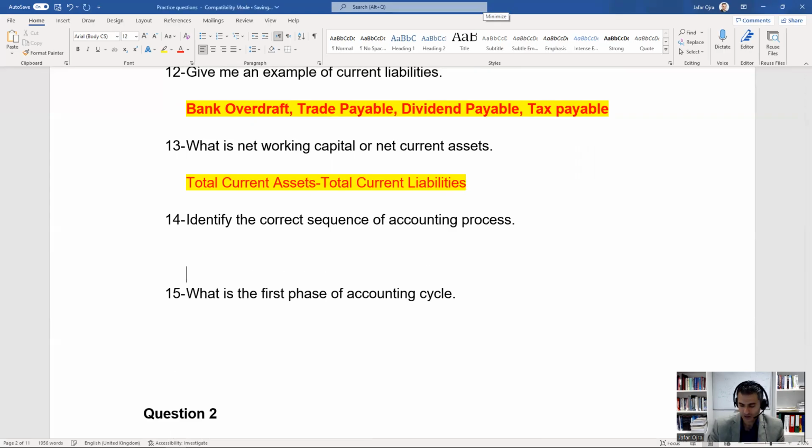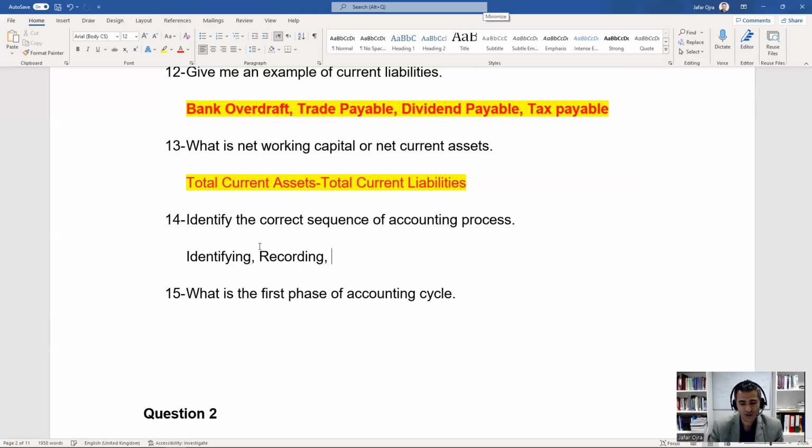Nice. Okay, right. Number 14. Identify the correct sequence of accounting process. The first thing we need to do is identifying the transaction. Then after that, we record the transaction.